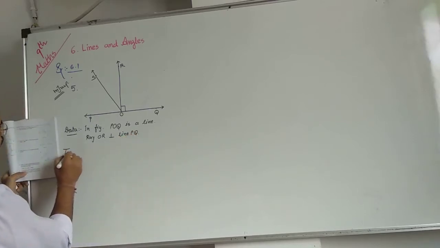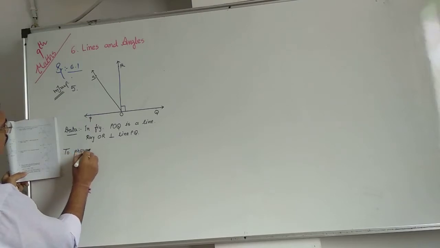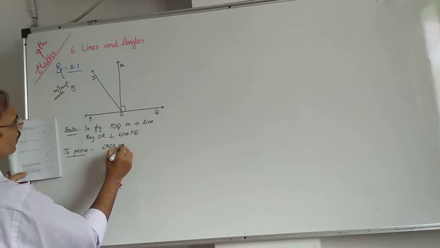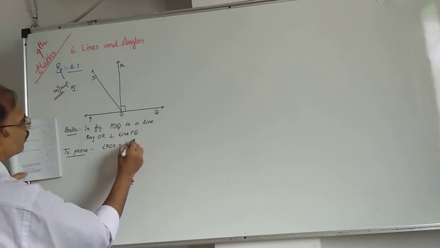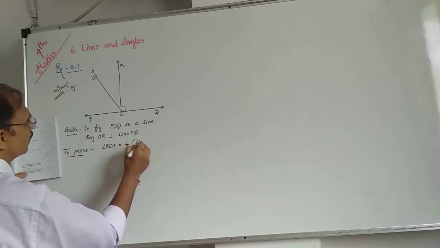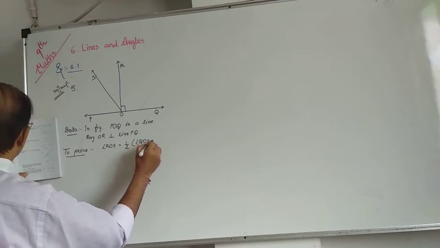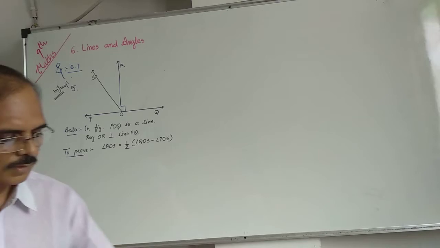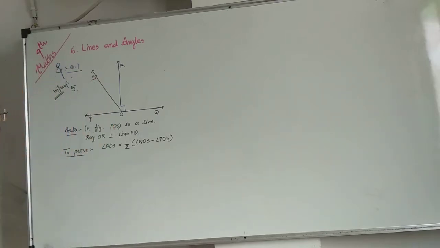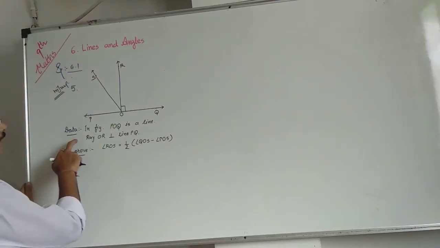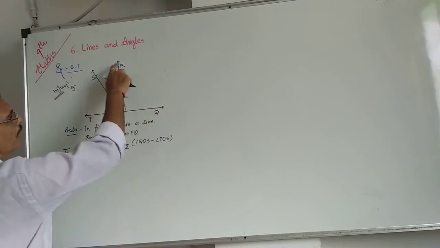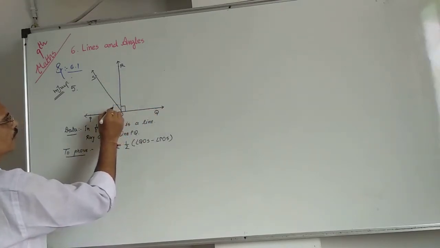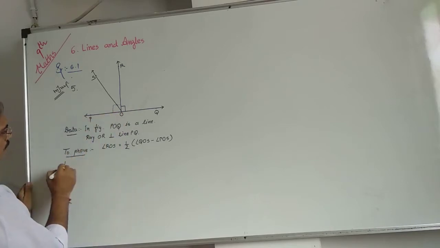Prove that, means to prove, angle ROS equals to half into bracket angle QOS minus angle POS. See. Data is POQ is a line, ROQ is perpendicular, means this one is 90 and this one is also 90.